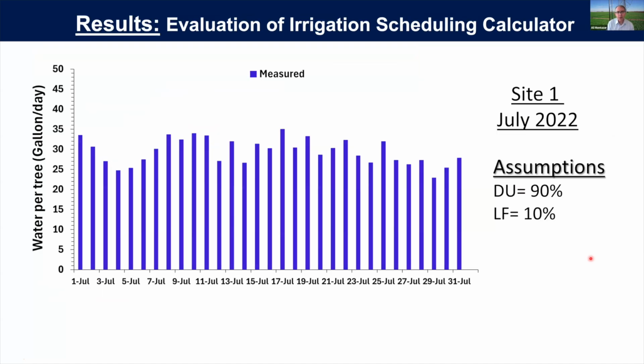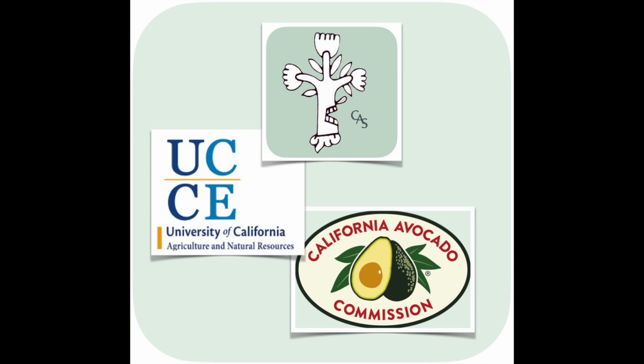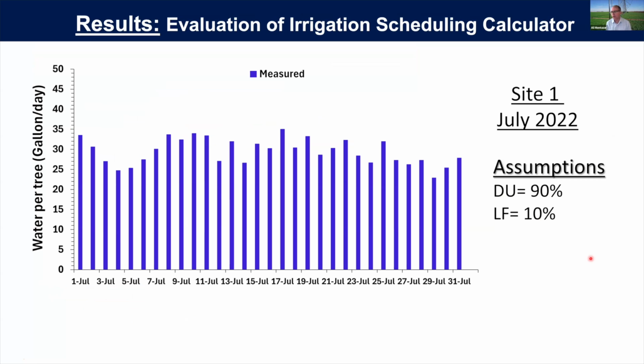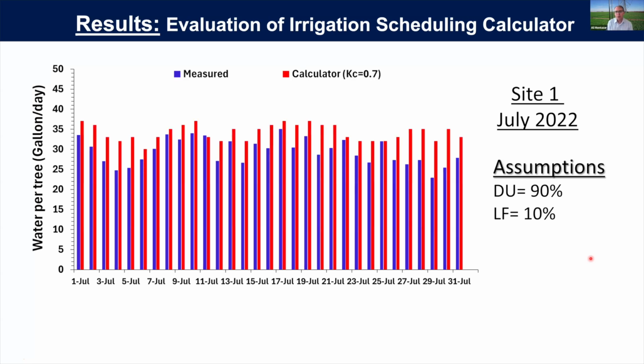These bars show the water per tree, gallons per tree, we measured during July 2022. All the bars show daily crop water needs. So this is what the irrigation calculator provides us.